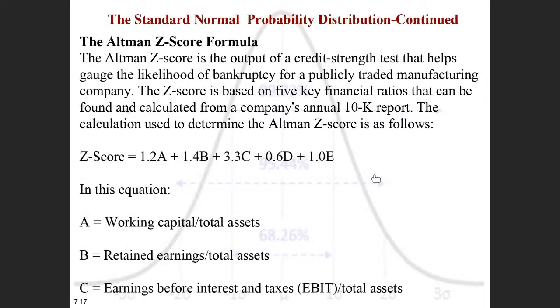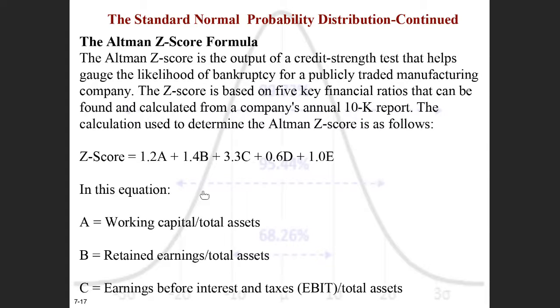So, the Altman Z-score is the output of a credit strength test that helps gauge the likelihood of bankruptcy for a publicly traded manufacturing company. The Z-score is based on 5 key financial ratios that can be found and calculated from a company's annual 10K report. The calculation used to determine the Altman Z-score is as follows.